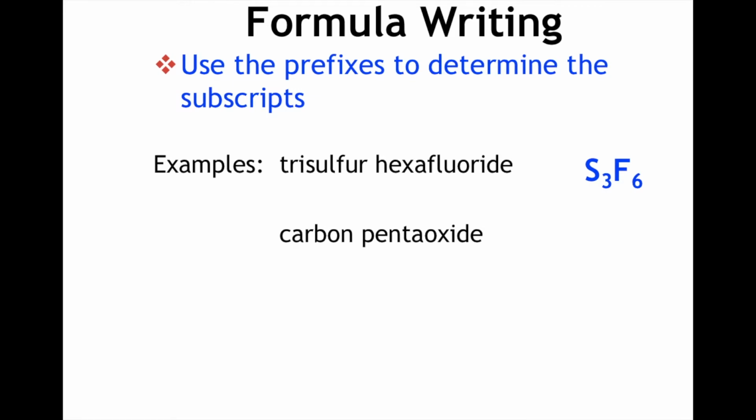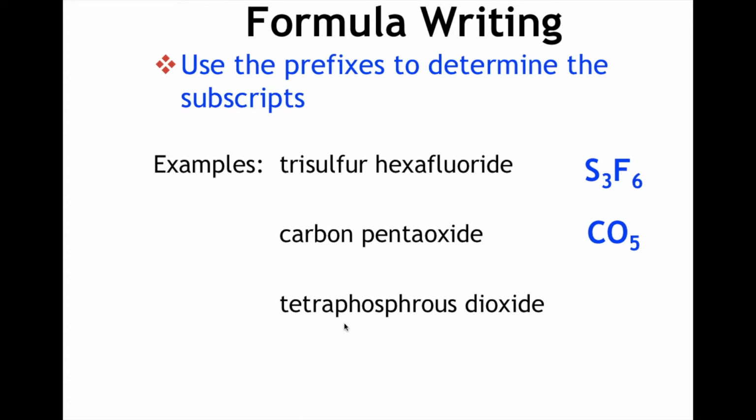Another example, carbon pentaoxide, okay? Carbon pentaoxide would be 1 carbon. Penta is 5, so you do need to memorize these. But that does sound very close to the 5 in Greek, so that might help you if you speak Greek. There would be oxygen, 5 of them, and 1 carbon, so 1 carbon, 5 oxygens. And tetraphosphorus dioxide. Tetra is 4, kind of sounds like the 4 in Greek, but not exactly.